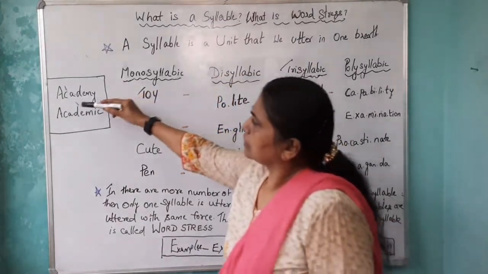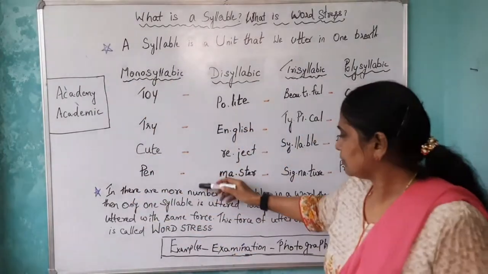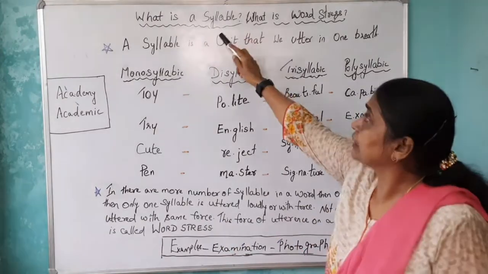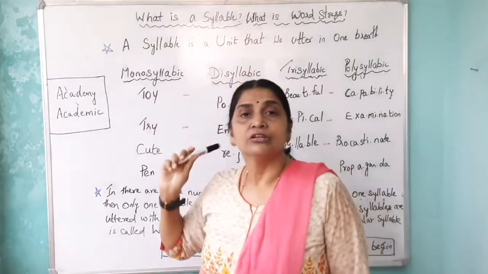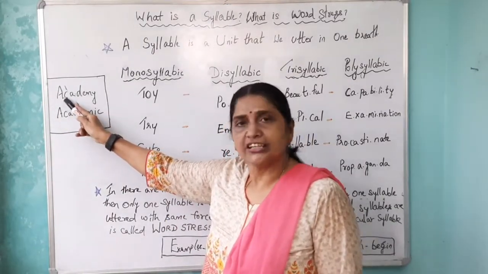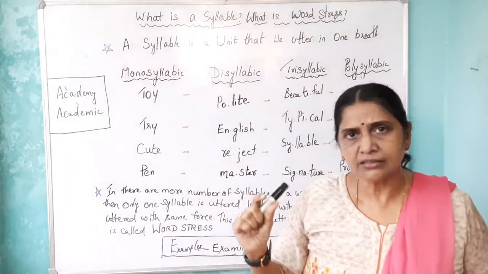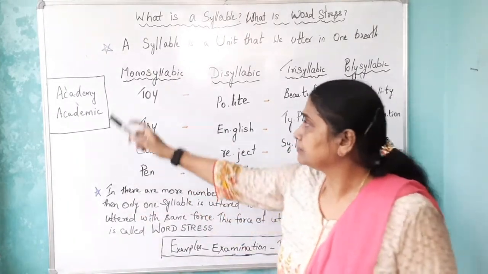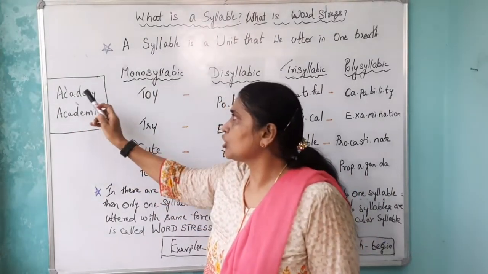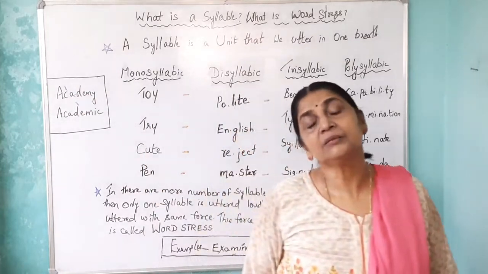Now, academy, in your dictionary, you may not get more about word stress, but definitely you will get the division of the syllables. It will be written like that. There will be a dot in your dictionary. If you check, you will have the part of speech of the word, and then the meaning of the word, and also you will have a small dot that is differentiating the syllables in a word.